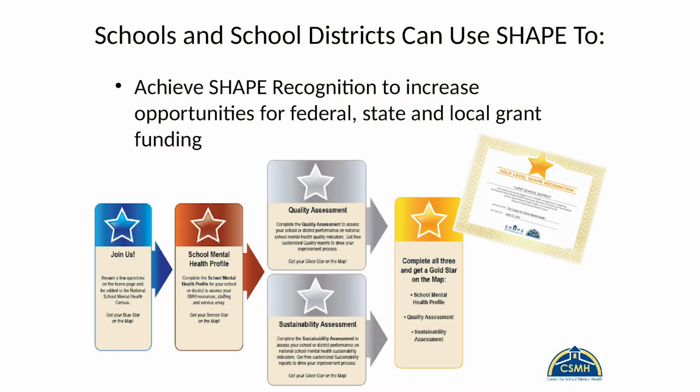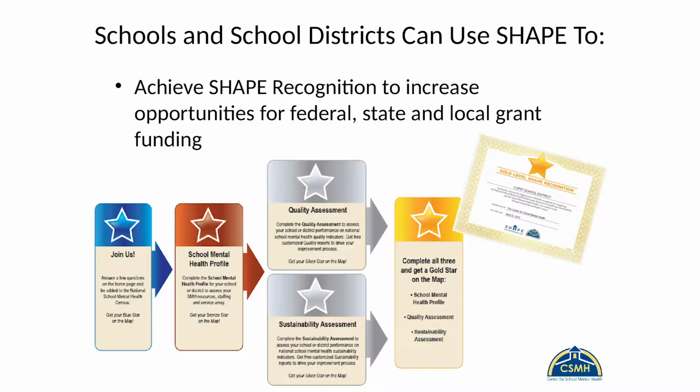The SHAPE system is actually a recognition system. And so it helps you get step by step through the system by earning stars, right? Because everybody likes positive reinforcement, and we're motivated by gold stars, right? So the first star is the blue star, and that's simply just joining the system. All you do for that one is log in, get a username, and you get your blue star on the map.